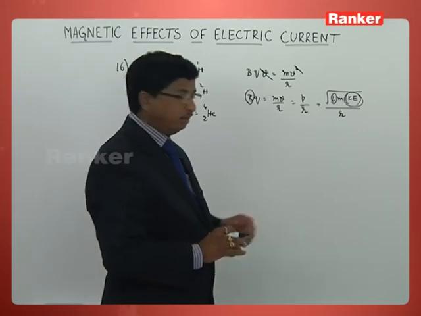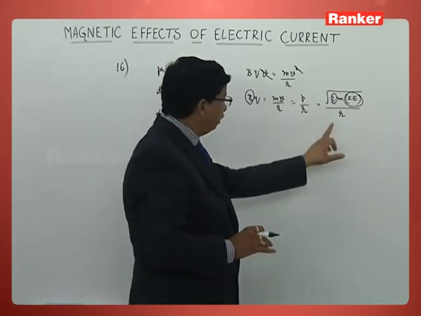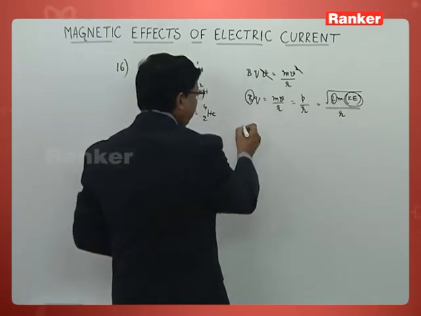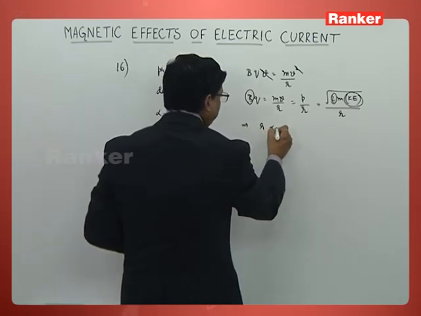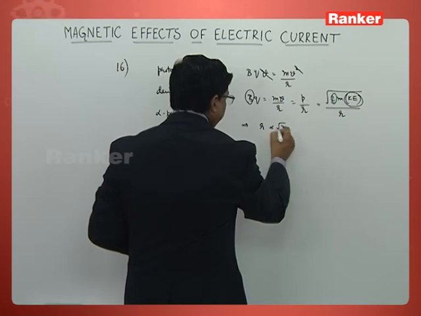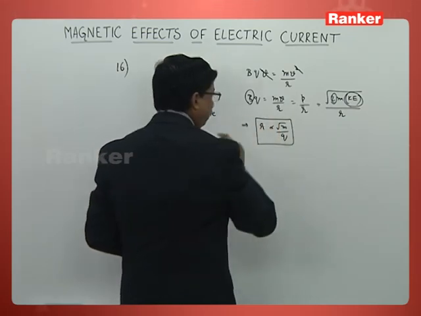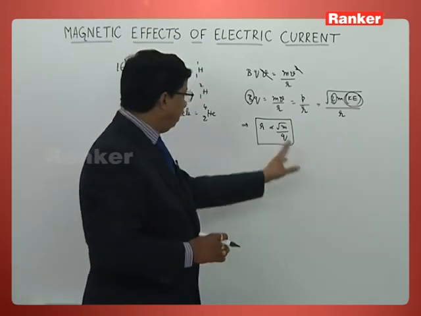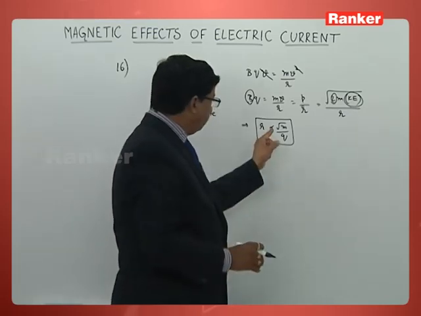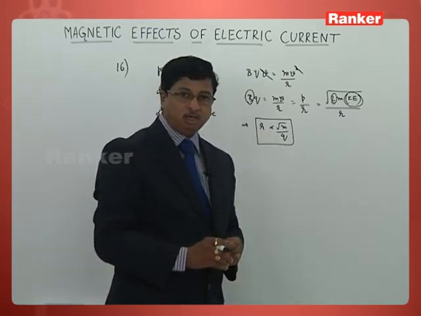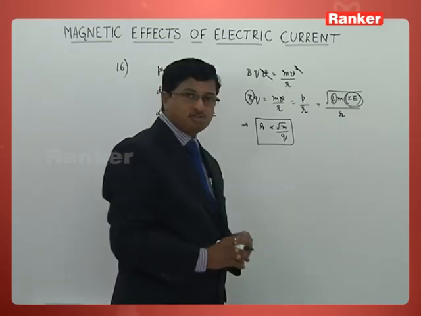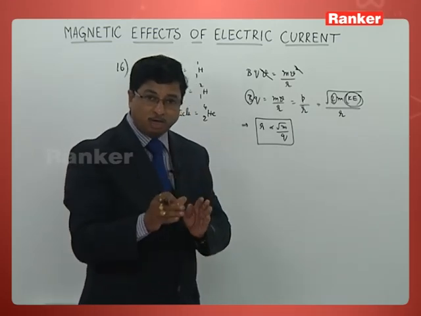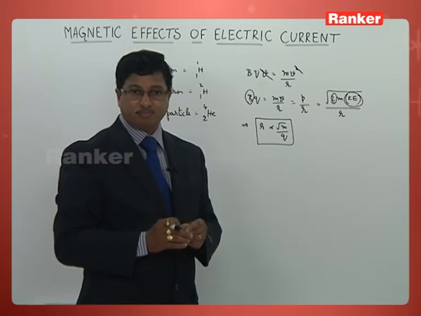Then look at the remaining variables R, M and charge Q. So I can write directly R is proportional to root M by Q. This is the ultimate relation you have to remember: the radius of the trajectory is proportional to the square root of the mass of the particle divided by the charge. That means it is directly proportional to root under mass and inversely proportional to the charge.